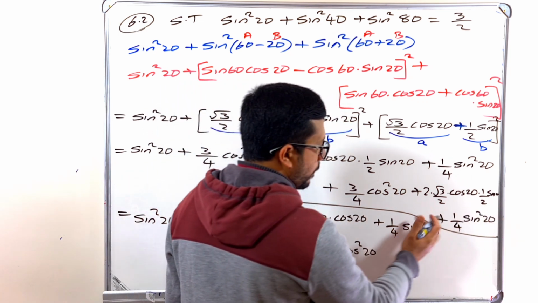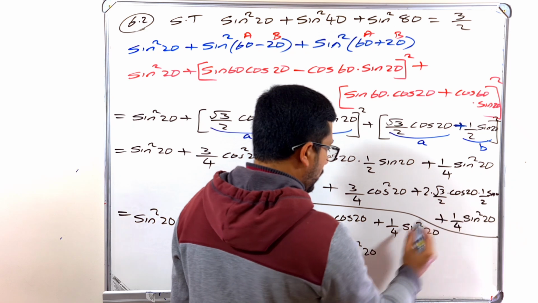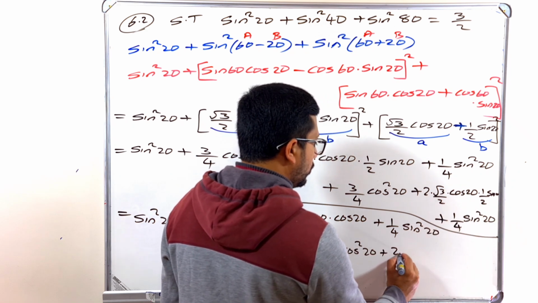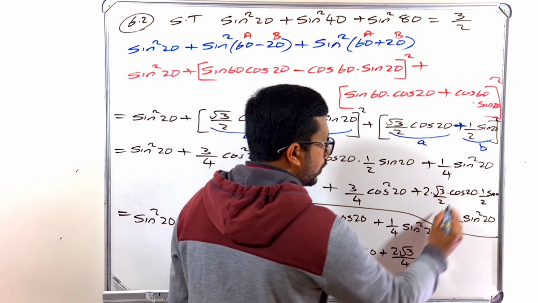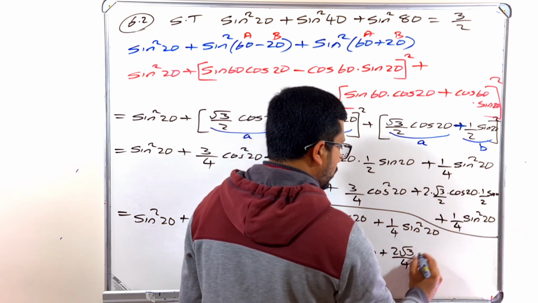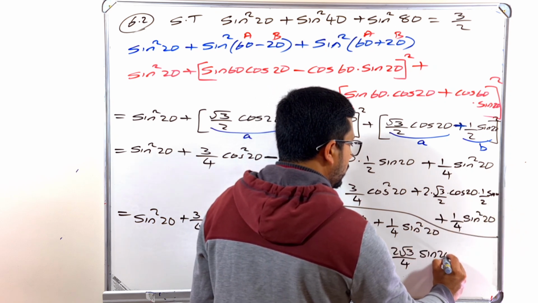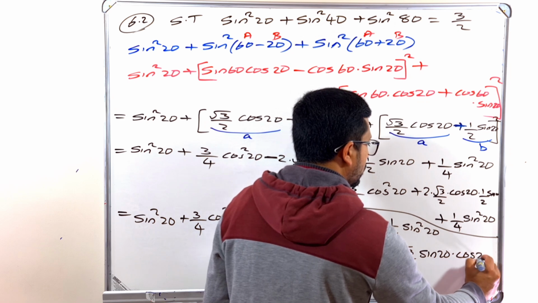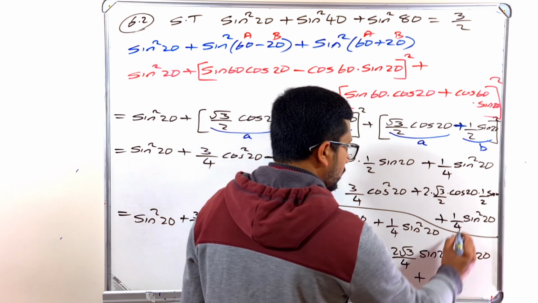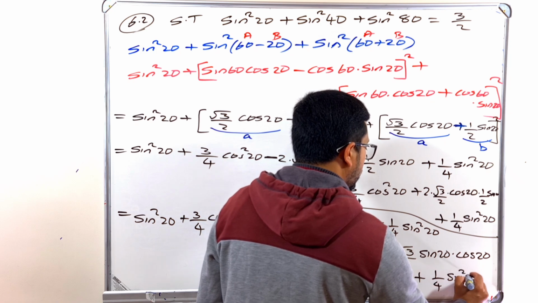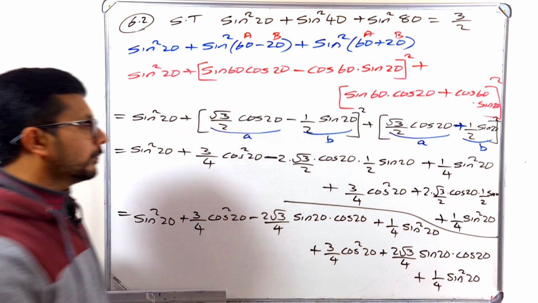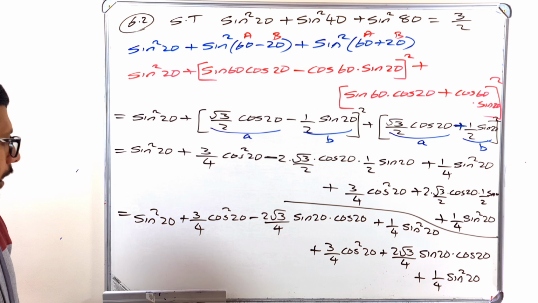What is this one? 2 root 3 into 1, that is plus 2 root 3, 2 into 2 is 4, so plus 2 root 3 by 4 sine 20 cos 20, plus 1 over 4 sine square 20. Now you have to add or subtract the like terms.